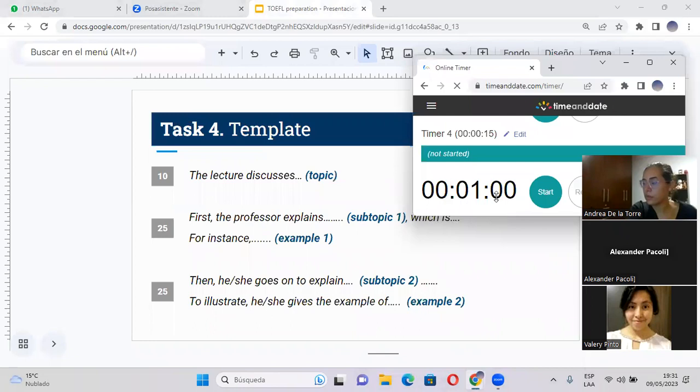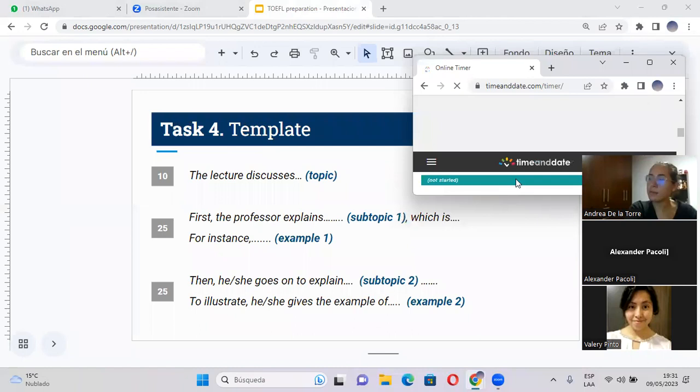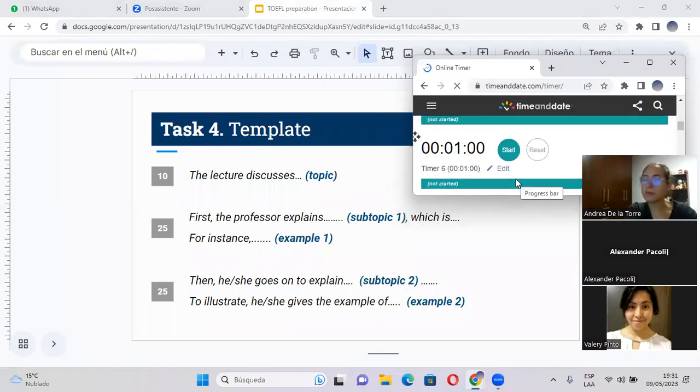Try to see mostly how I organize my time, and how I accommodate my response to the time that I have. You could also maybe pay attention to what details I skip, what information I do mention, and everything else. Let's see.